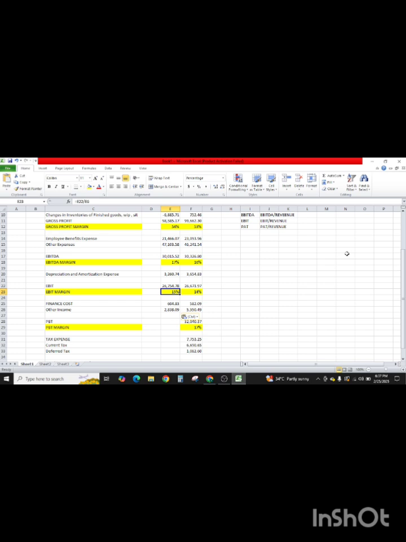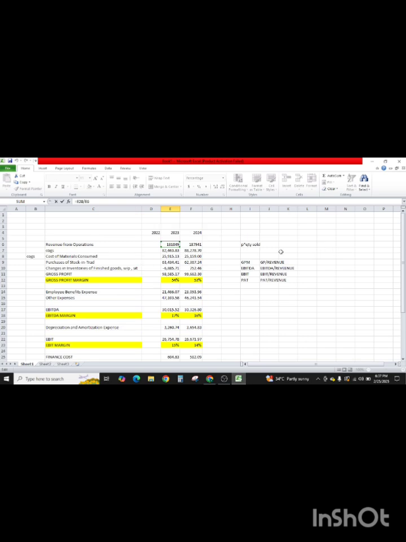Generally other income numbers are not so big, but some companies may have large ones. Therefore we should not add this to revenue from operation. So PBT will be EBIT minus finance cost plus other income, and PBT margin will be PBT divided by revenue.